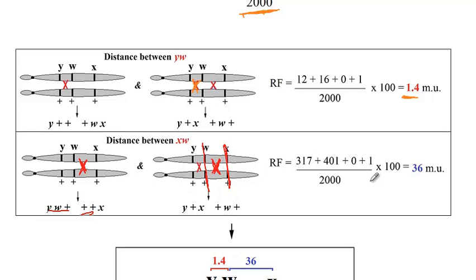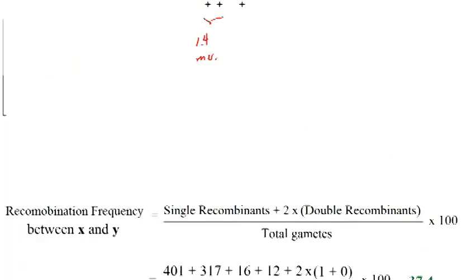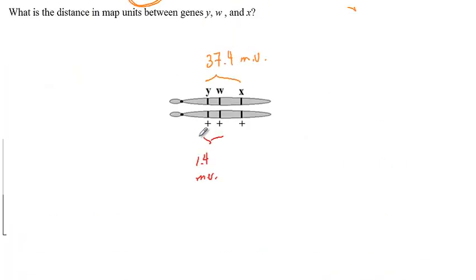So again, you add the numbers times 100 divided by total gives us 36 map unit. So going back right here, the distance between W and X is now 36 map unit. And if you add up 36 with 1.4, the total distance is 37.4 map unit.